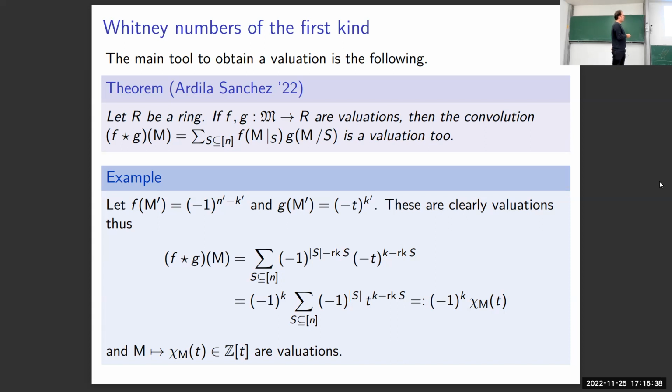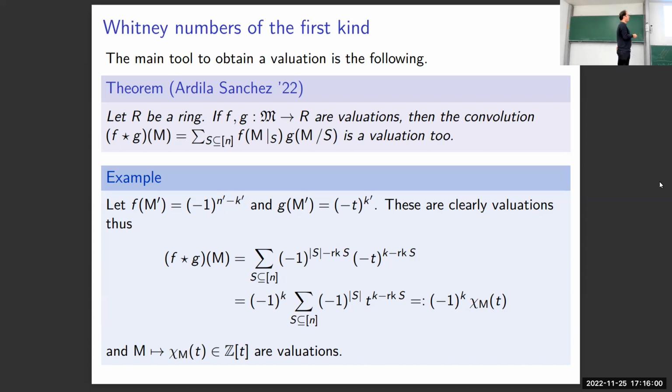For example, if I just assign to every matroid minus 1, where n prime and k prime are fixed, so the rank and size are fixed, so this is the constant, or I assign just the parameter minus t, then these are clearly valuations, at least with the definition I gave you.